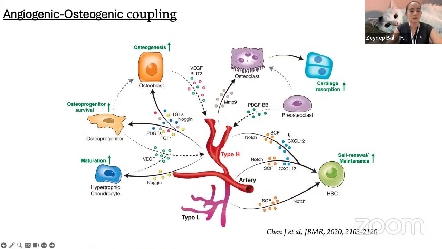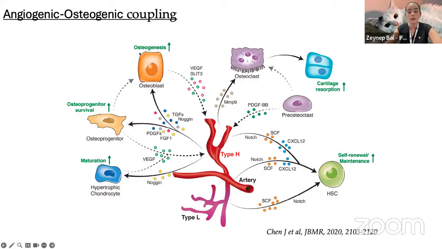I really like this figure by Chen and colleagues, published in 2020, which I think summarizes it best. H-type cells communicate with hypertrophic chondrocytes by releasing noggin, which causes maturation. And these H-type vessels, or endothelial cells, release PDGFs or FGF1 to increase osteoprogenitor survival.